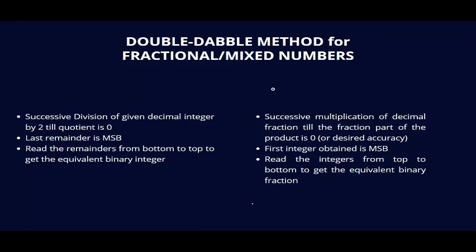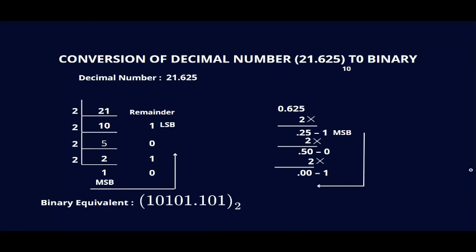But for the fractional part, the procedure is kind of inverse of the integer part. So in this, we do successive multiplication instead of division. Let us understand this with the help of an example. So here we are trying to convert the decimal number, which is a mixed number 21.625, to its binary counterpart.